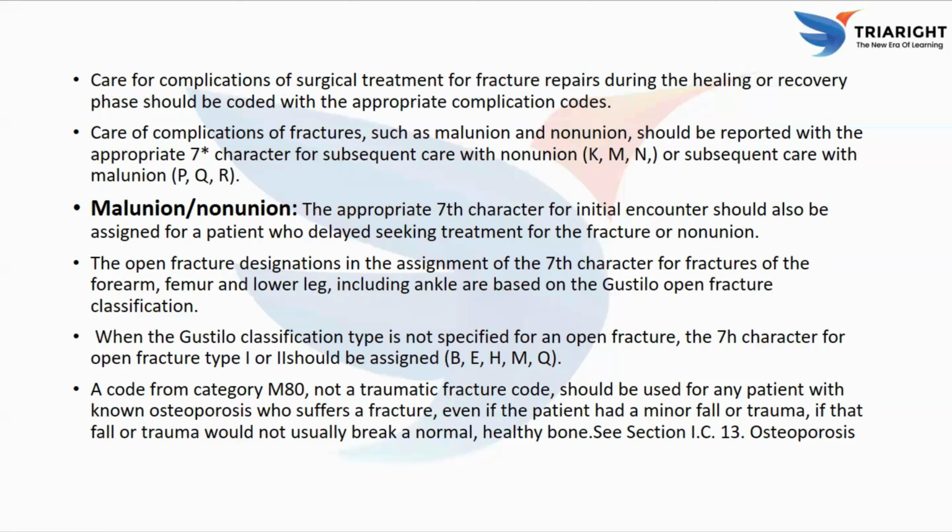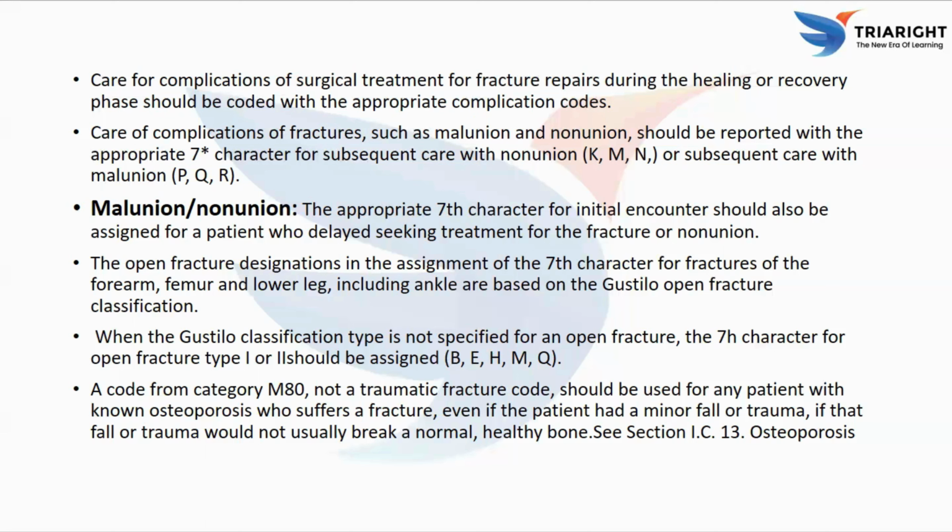There is a guideline regarding open fractures and the Gustilo classification. What is the Gustilo classification? It is a system used to classify open fractures based upon wound size, soft tissue damage, and contamination. It is commonly used for forearm, femur and lower leg including ankle.